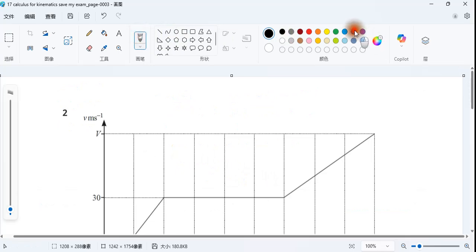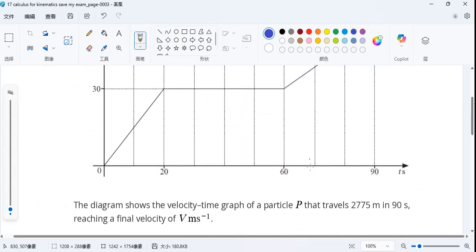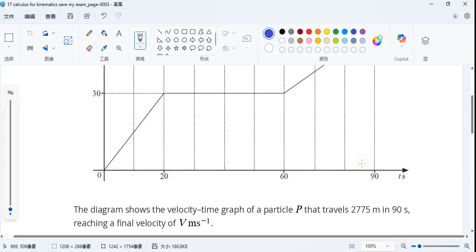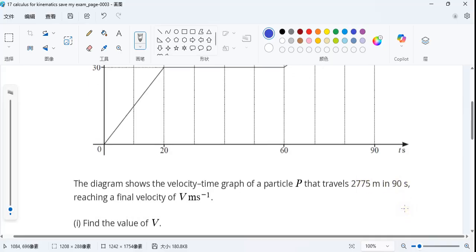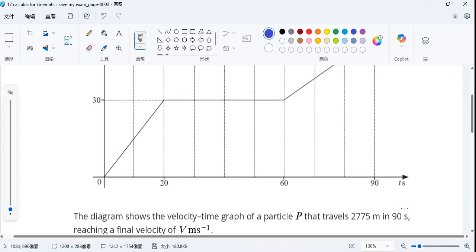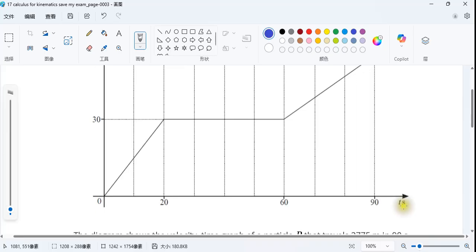For question number 2, the diagram shows the VT graph of particle P travelling 2775 meters in 90 seconds, reaching a final velocity of v. Find the value of v.